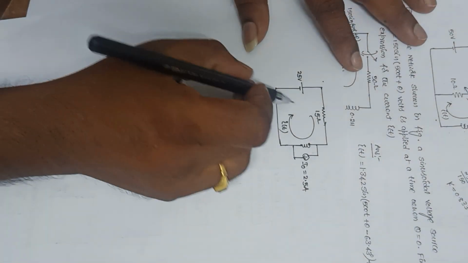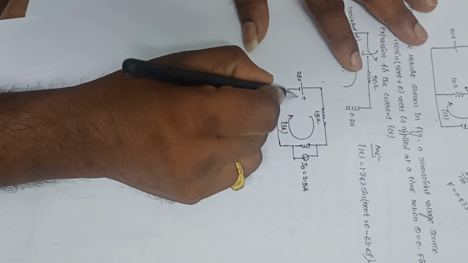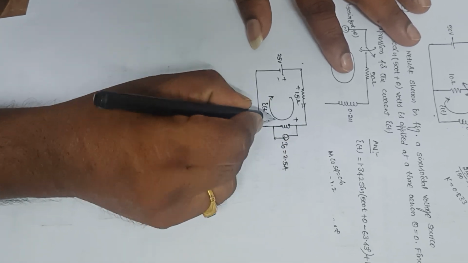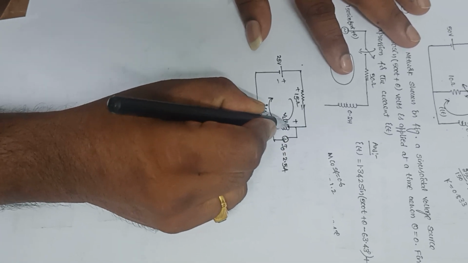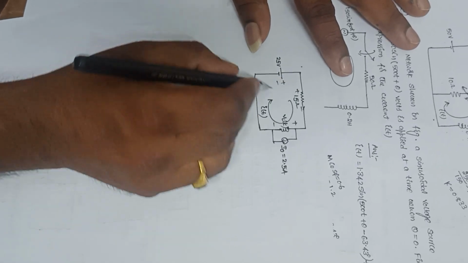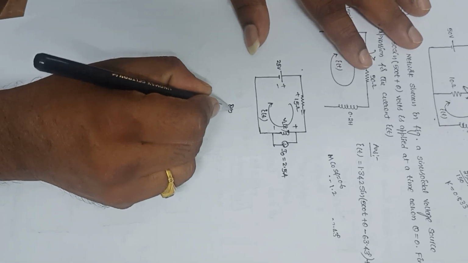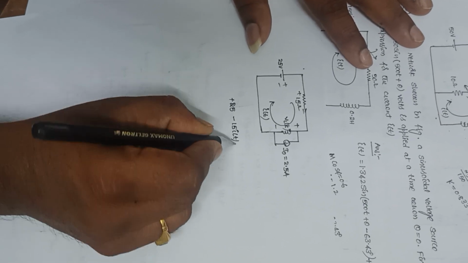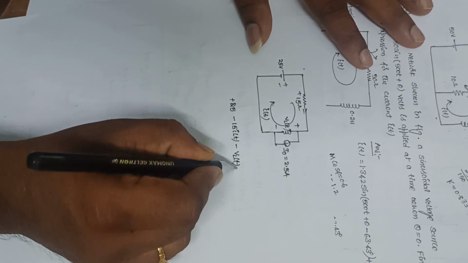Now here it is plus and minus, so this voltage is VL of t. Apply KVL for this loop. 25 minus 15 into I of t minus VL of t is equal to 0.